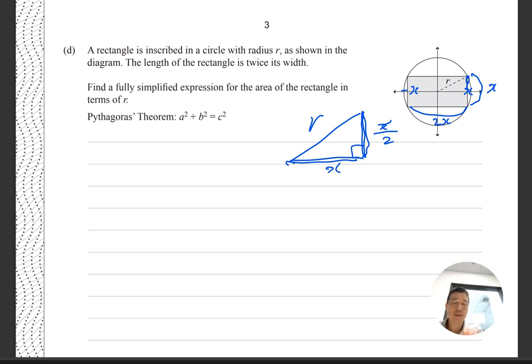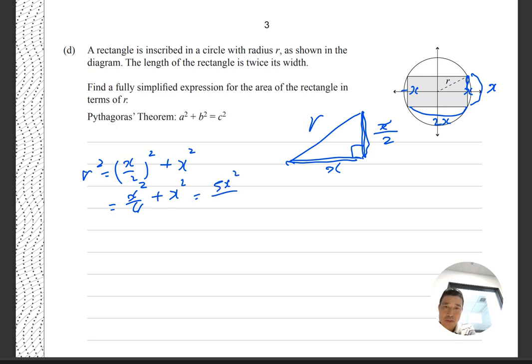And this is going to be a right angle triangle. So as the question suggested, we have to use Pythagoras theorem. That means r squared must be (x over 2) squared plus x squared, isn't it? If I simplify this, x squared over 4 plus x squared, which is 5x squared over 4.